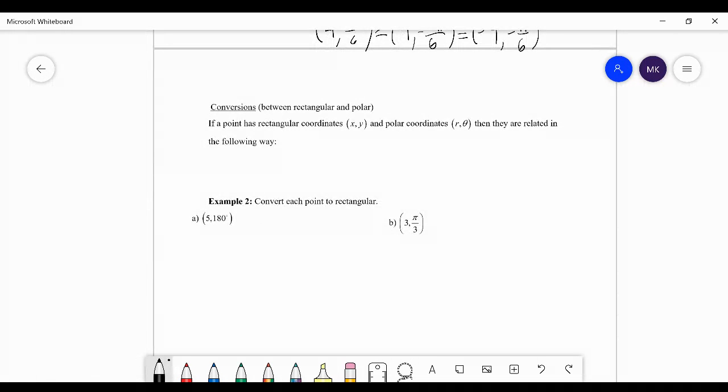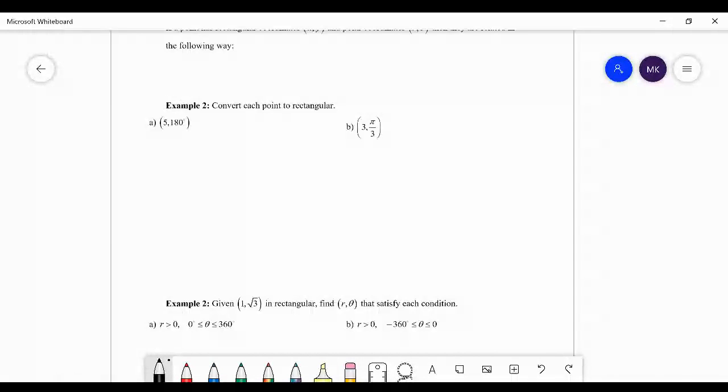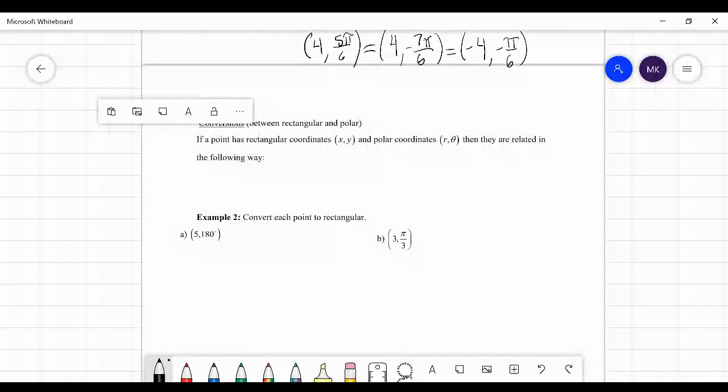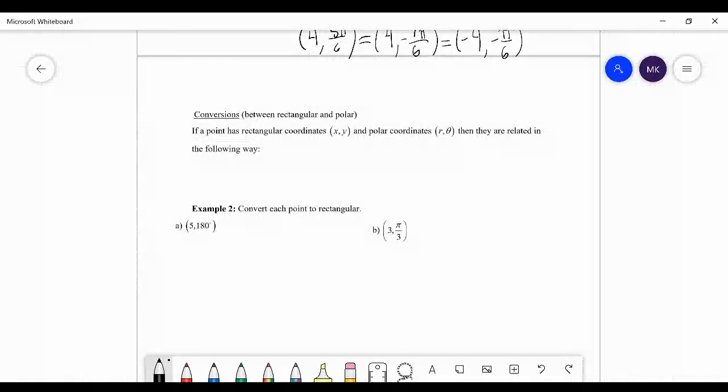So if a point has a rectangular coordinate x, y and a polar coordinate r, theta, then we can relate them using good old-fashioned triangles. Okay, and that's what we're going to do. Just for example's sake, we're going to stick in the first quadrant. That just makes our lives easier.